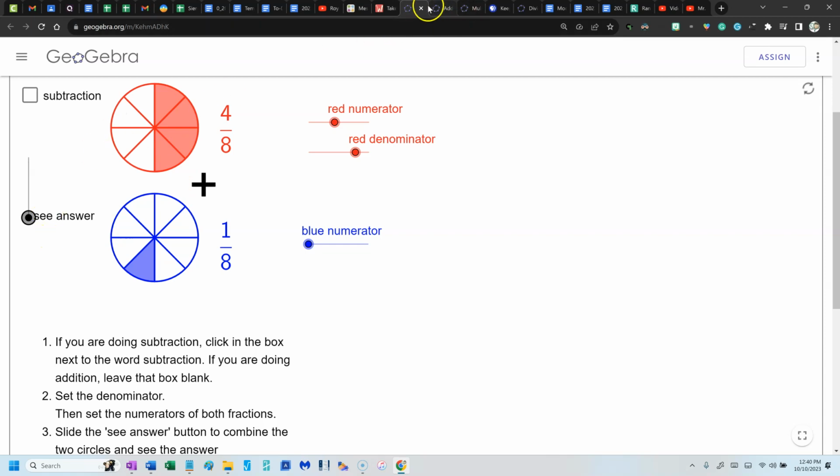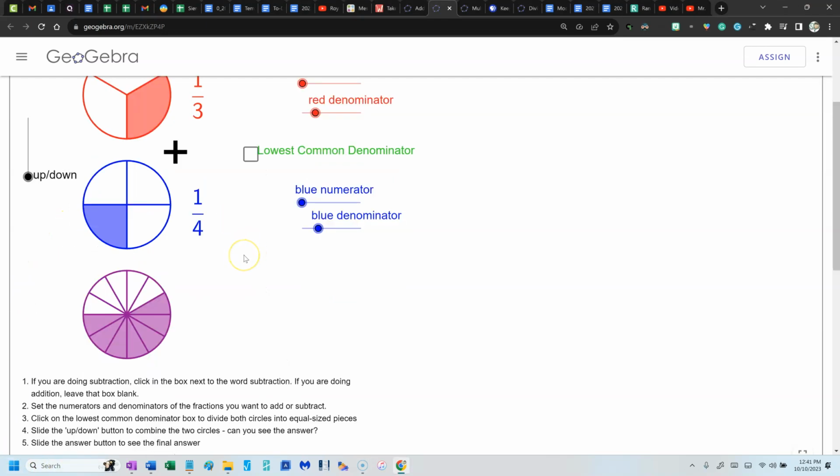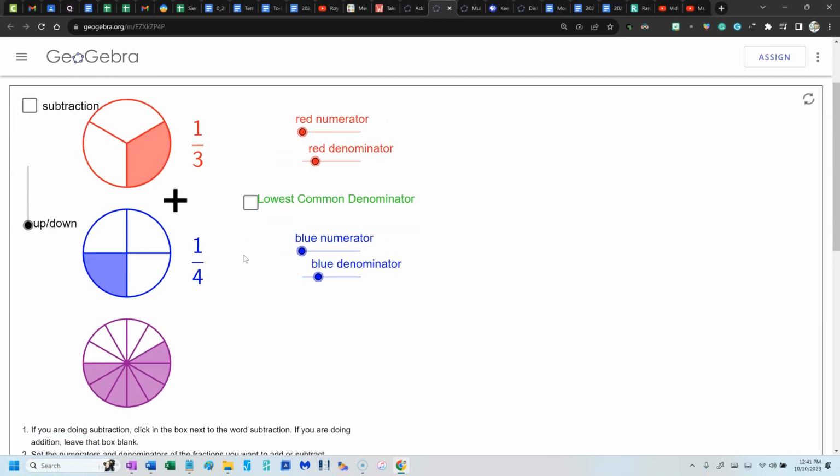So that's easy. The next one. So here, 1/3 plus 1/4, that does not have a common denominator. So if we try to add 1/3 plus 1/4, that doesn't make sense. 1/6 plus 1/4, that doesn't make sense either.